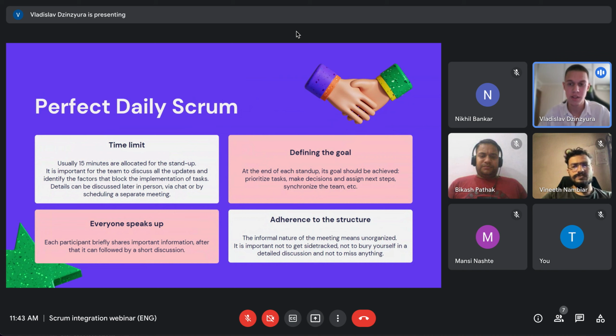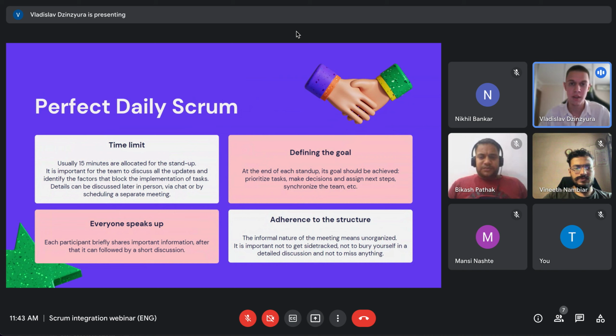After that, making decisions and assigning next steps, synchronizing the team and other main goals that can be achieved thanks to the daily scrum. To give a voice to all, or everyone speaks up. So each participant during the daily scrum briefly shares important information. After that, it can be followed by a short discussion. Yeah, it's like I already said about it.